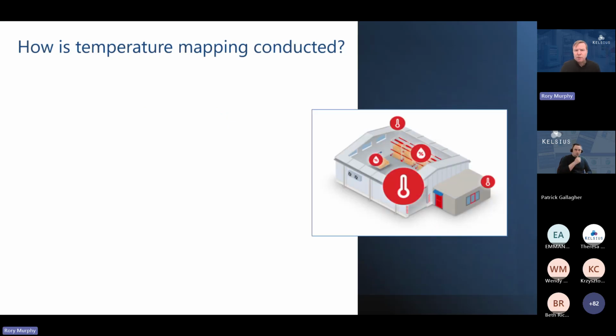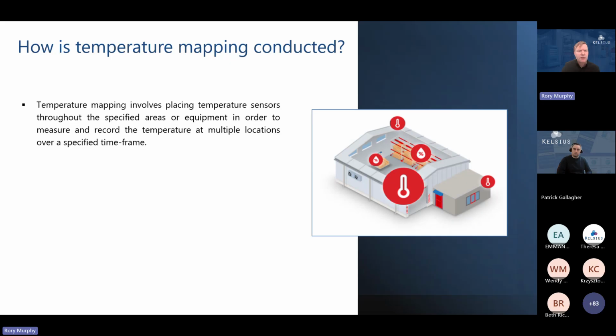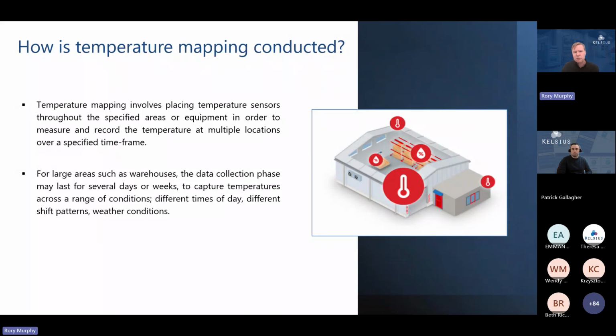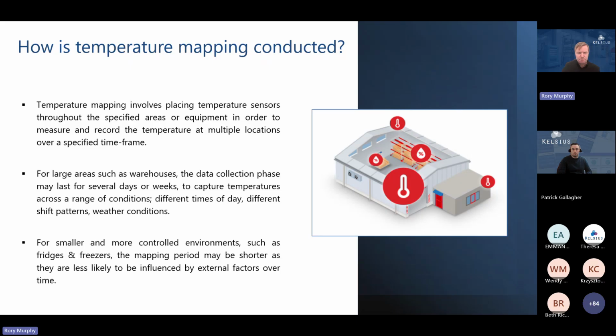So how is temperature mapping conducted? Well, we're going to go into a more detailed look at the process a little bit later on, but in broad strokes, temperature mapping involves placing temperature sensors throughout the specified area or equipment in order to measure and record the temperature at multiple locations over a specified time frame. For large areas such as warehouses, the data collection phase may last for several days or weeks to capture temperatures across a range of conditions: different times of day, different shift patterns, weather conditions.